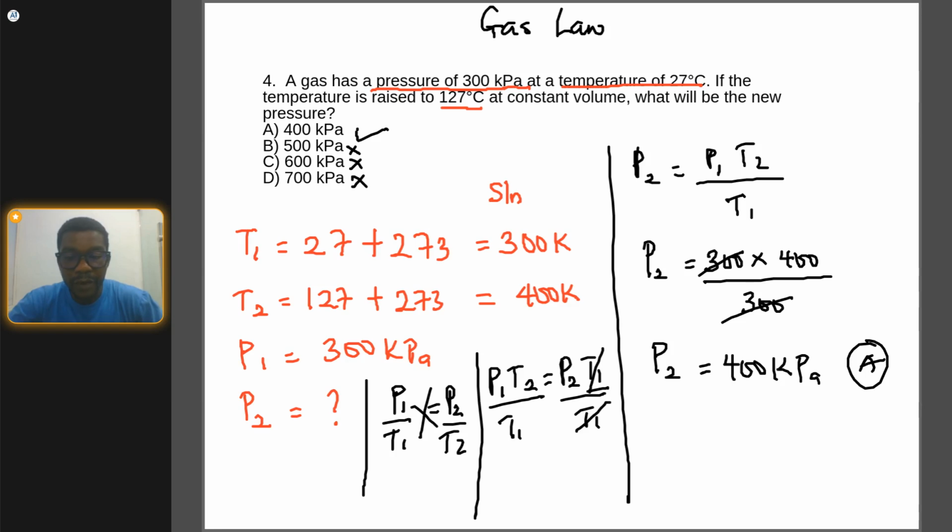We'll take another question. We've solved a question on Boyle's law and a question on Gay-Lussac's law. The next one will be a question on Charles' law.